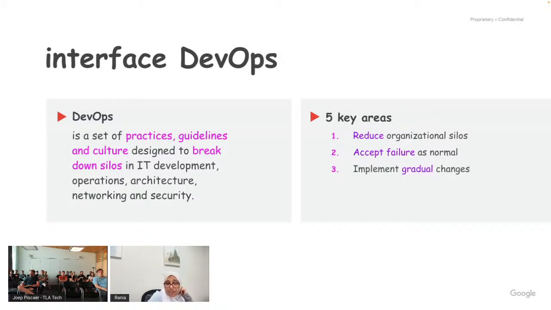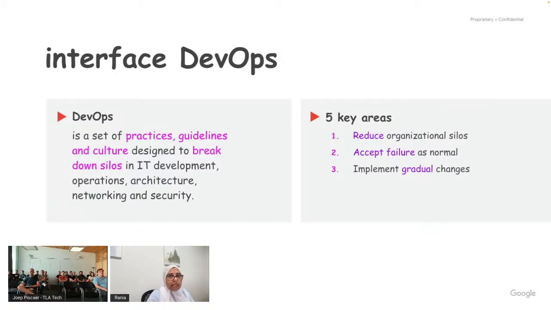Implement gradual changes, and I'm going to talk about the implementation of gradual changes. It's not only about agile, it's about how we can use live data, whether it's config as data or policy as data, in order to enforce that we are not moving forward with bigger problems, okay? So it's not about release planning, and it's not about game planning.